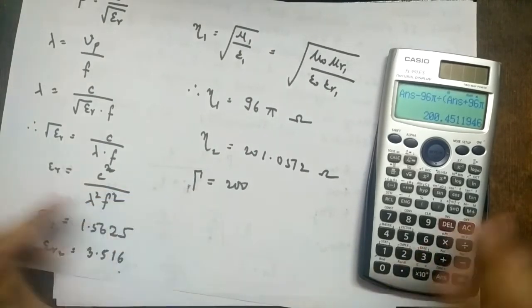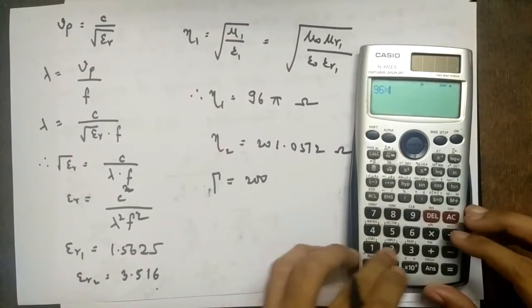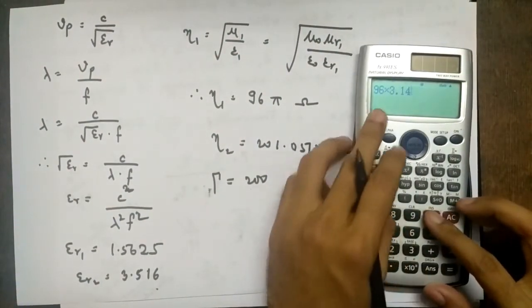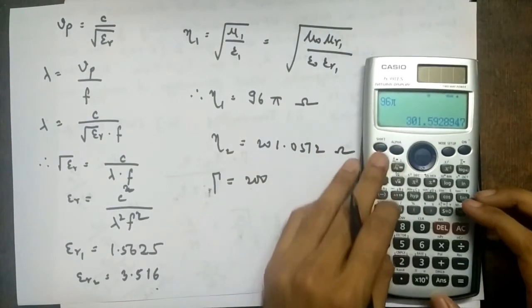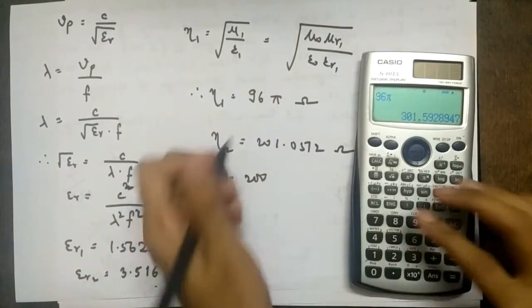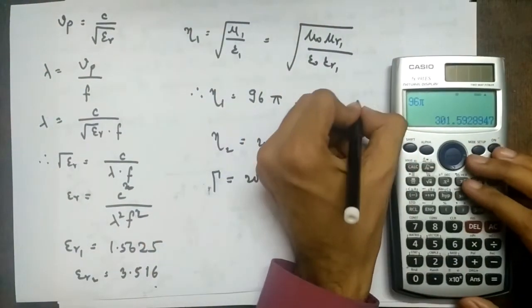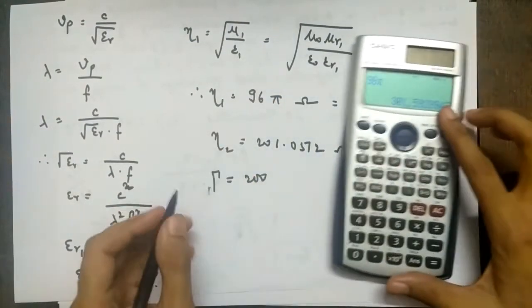So let me check. 96 into 3.141 is 301.593.